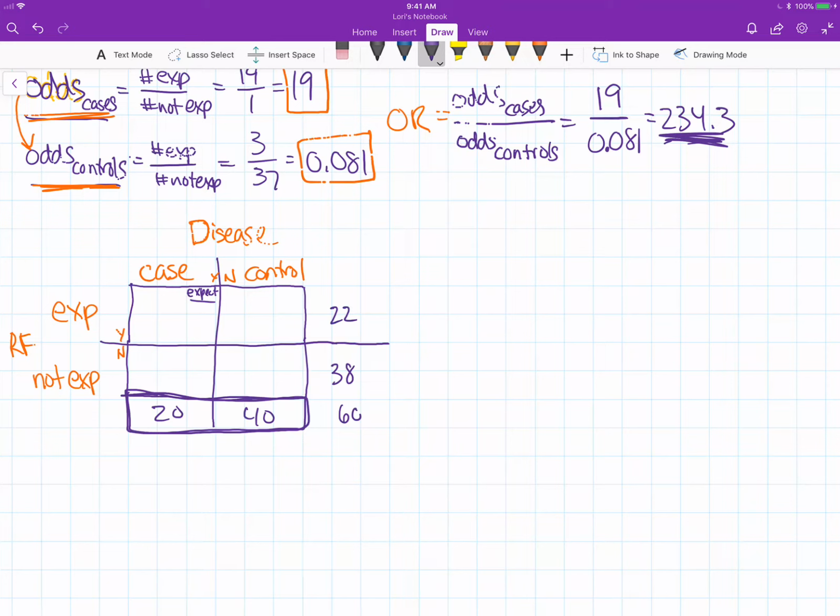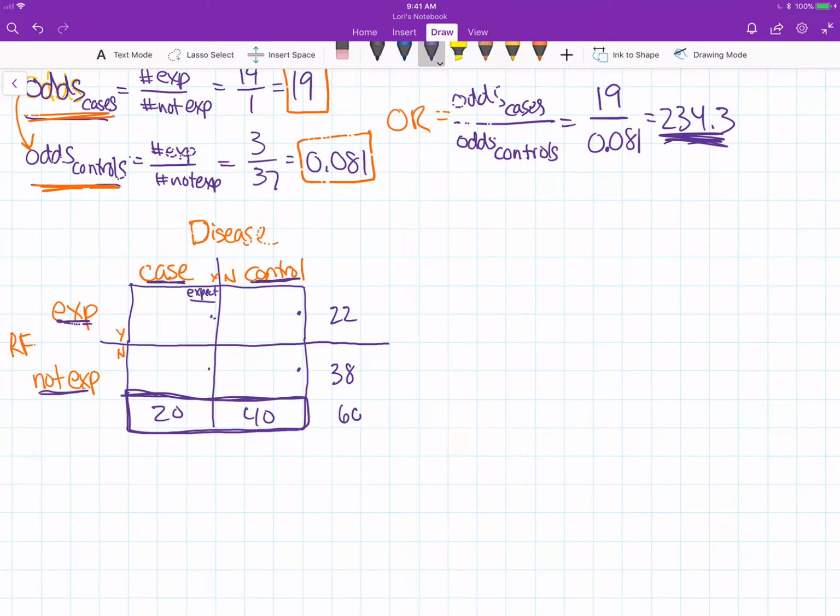How many expected cases were exposed? How many expected controls were exposed? That would be this box over here. How many cases did we expect to be not exposed? And how many controls did we expect to be not exposed?